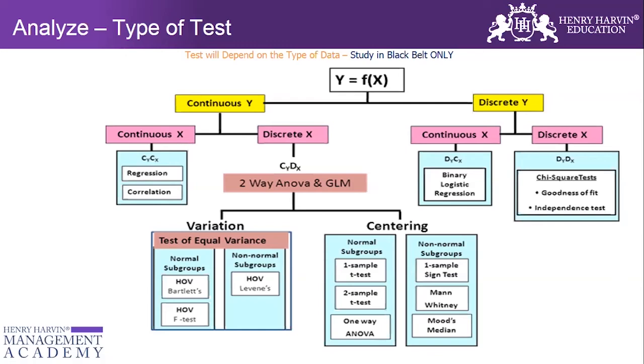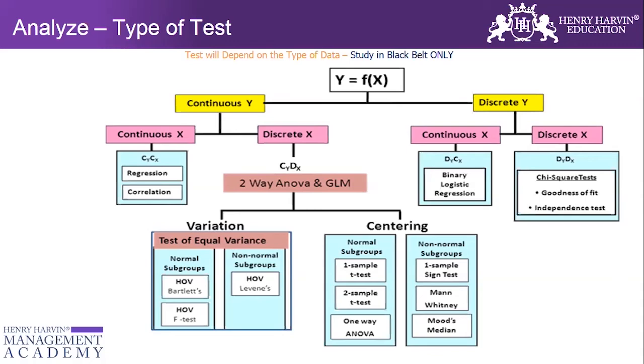So this is an overview of the different types of tests that we do depending upon the type of data, depending upon the combination that I have. And with the help of this tool, I would be able to derive a conclusion whether this particular X has a significant impact on my Y or not. Because till now we were just focusing on whether this X is impacting or not.